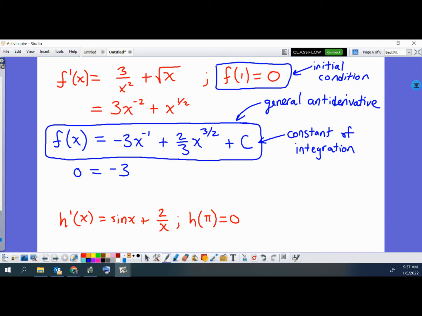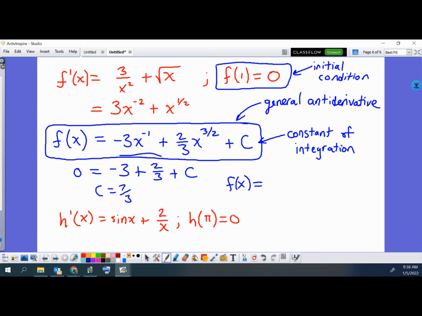x to the negative 1, so it's like 1 over 1, right? 1 to any power is just 1, right? And so negative 3, that's negative 9/3, plus 2 is negative 7/3, yeah? So add it to the other side, c equals 7/3. And so now my final answer here, f of x equals, and I'll rewrite it.